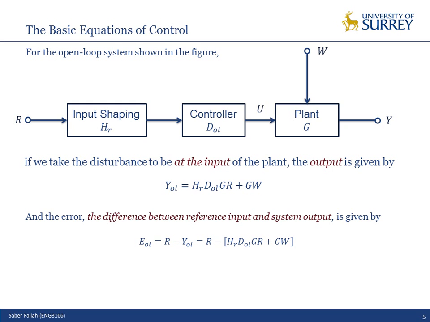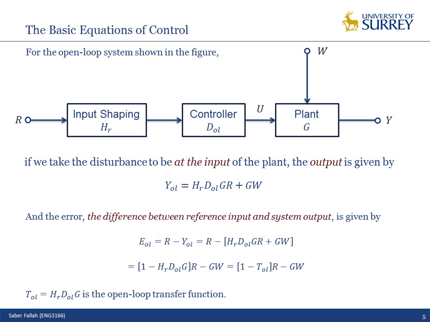R is the reference signal, but we calculate the output of the open loop system here as the summation of the response because of 2 inputs. Here in the response I have R. I factor out R or reshape this system.